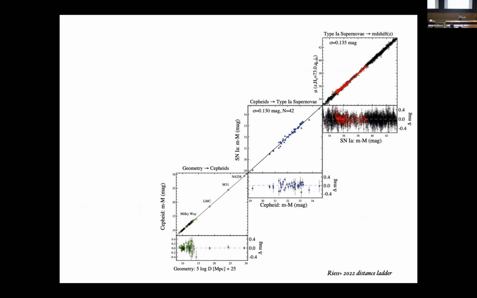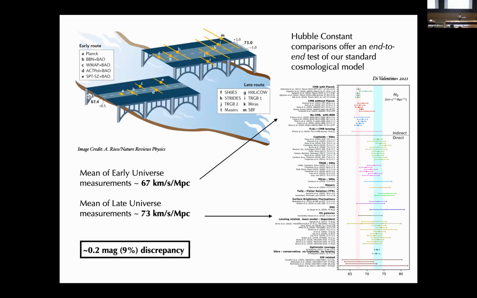Okay, so now, one more thing I wanted to say is that the level to which they disagree is actually about 5 sigma right now. And I want to quantify that a little bit by saying that we're comparing the Planck measurement, which is this red shaded thing here, the most precise early universe measurement, with this blue shaded region, which is given by the most precise late universe measurement, which is the Cepheid distance ladder from Riess et al. 2022.